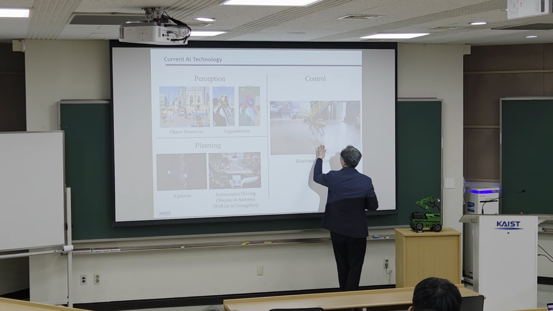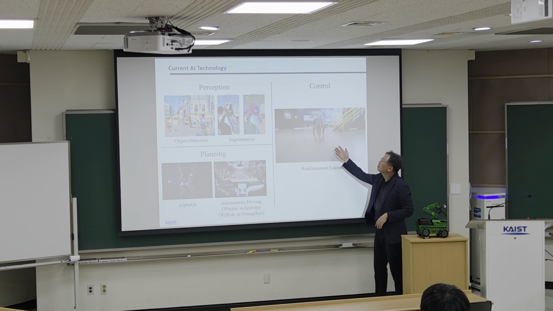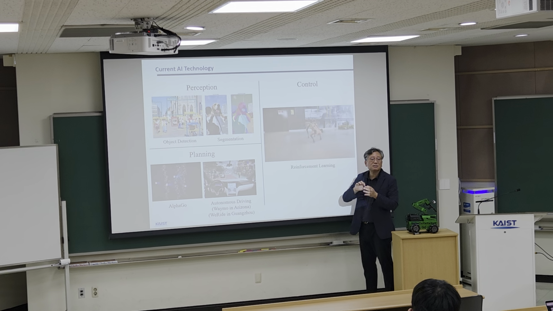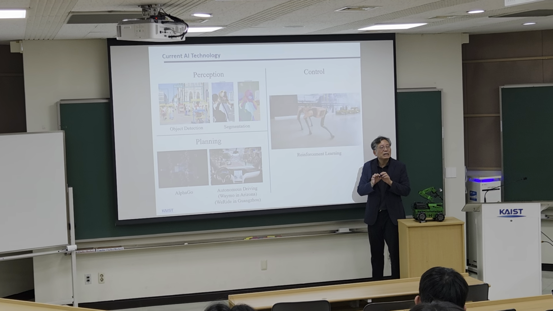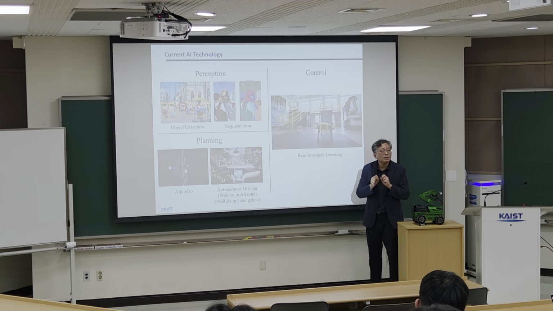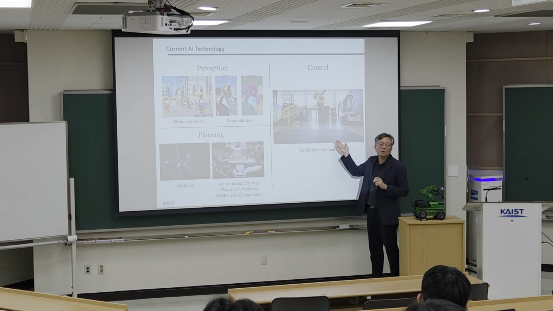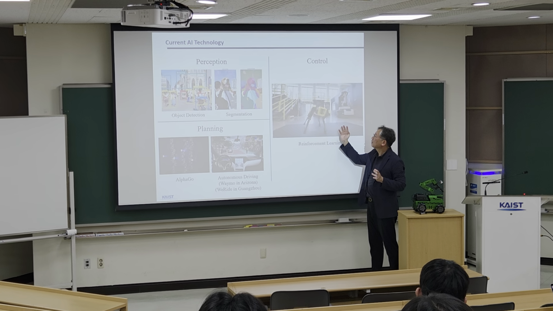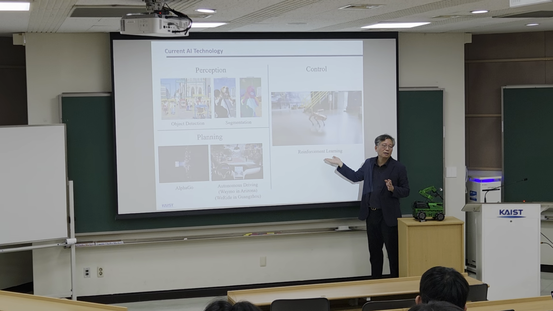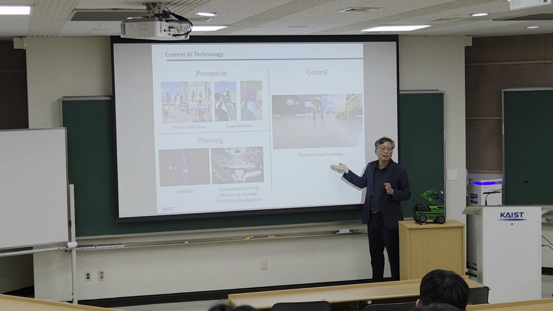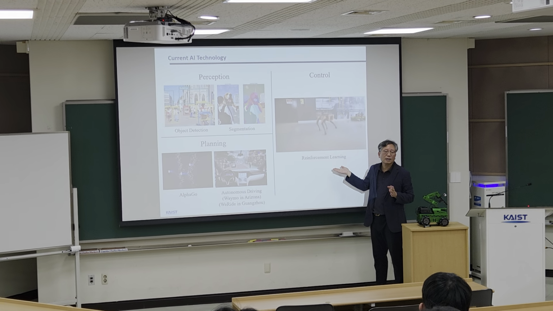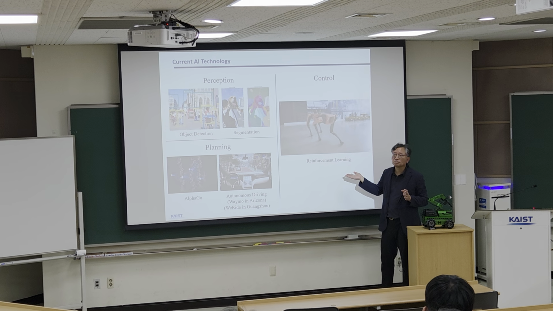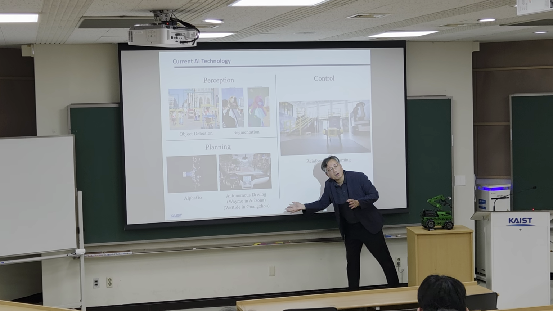We can do this motion now. This is not based on some fixed C program, deterministic. This is based on learning, reinforcement learning. So this is where we are right now.